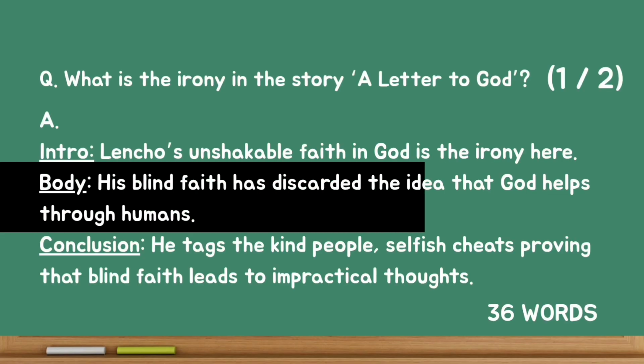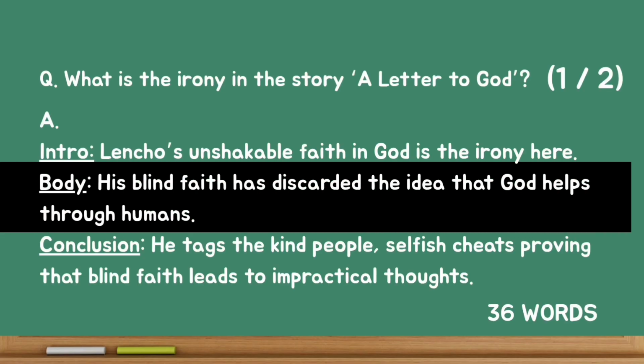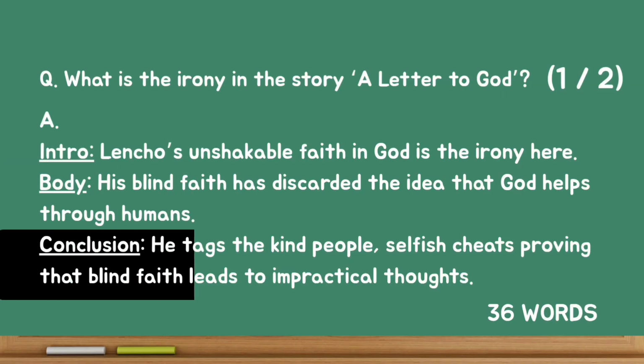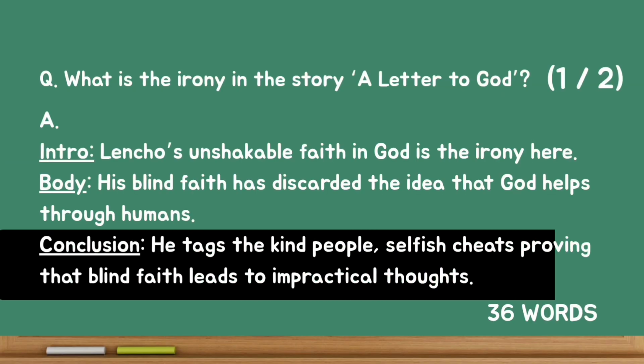Followed by the body of the answer, his blind faith has discarded the idea that God helps through humans. The conclusion comes with it. He tags the kind people selfish cheats, proving that blind faith leads to impractical thoughts.